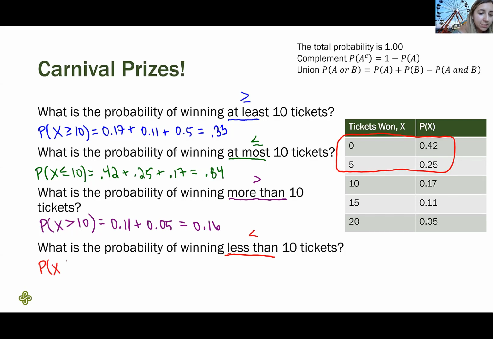The probability X is less than, but doesn't get all the way up to 10, less than 10, would be the probability of getting none or the probability of getting 5. There's a 64% chance you would win less than 10 tickets.